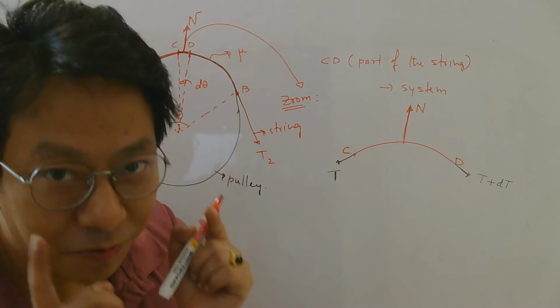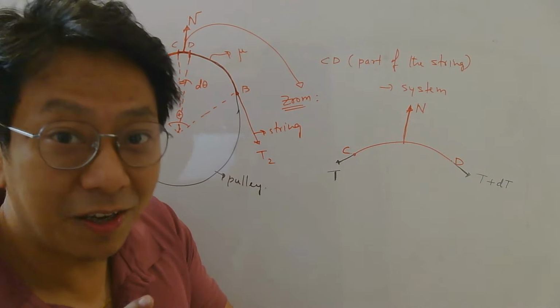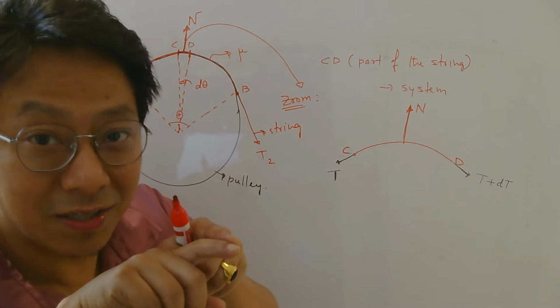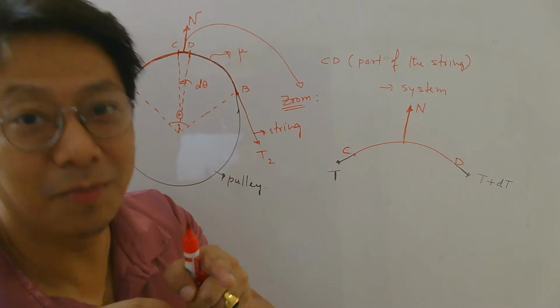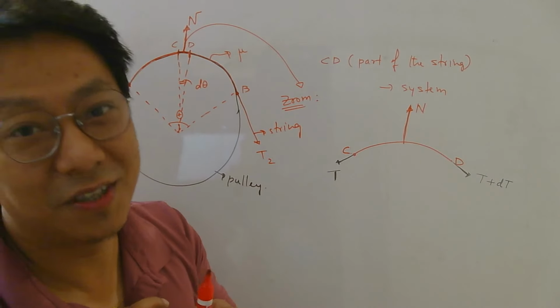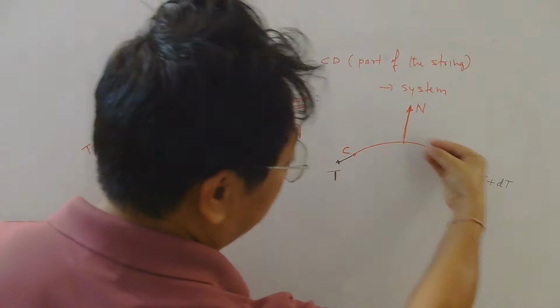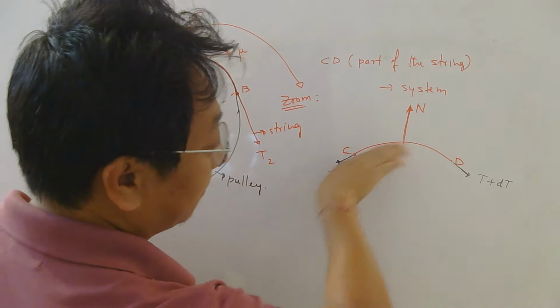To find the direction of friction, you assume there was no friction and check where the body would slide with respect to the other body. And friction will be opposite to that relative motion. So here also, if there was no friction, then because of more pull here, this rope would go that way. Right?